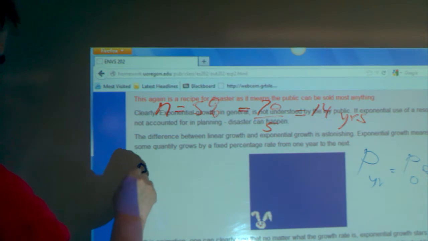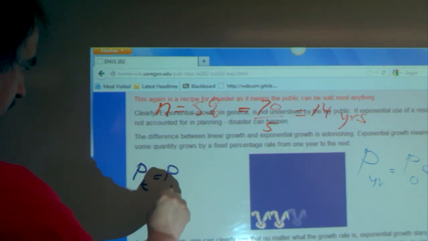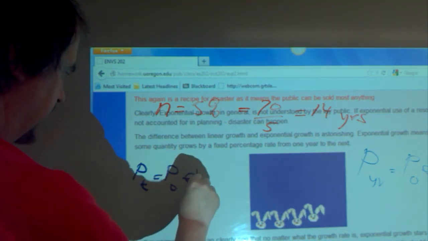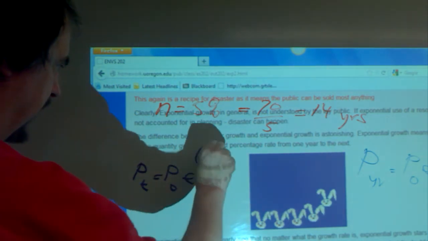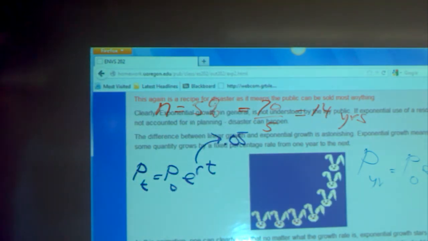We don't care about ever doing that, and you can't see that on the screen, so let me rewrite it. Because my screen markers are off, so p at some time in the future t equals p naught, the initial rate of usage, times e to the rt, where in this case r would be 0.05 for a 5% growth rate.